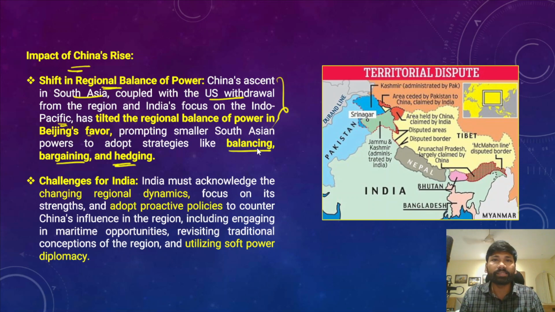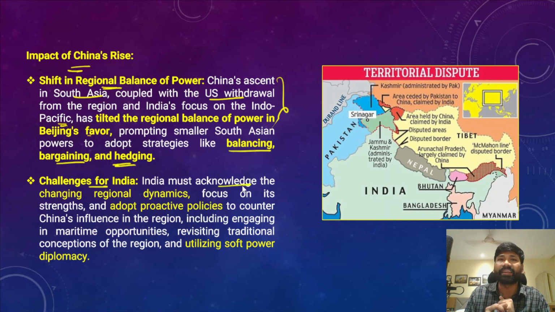However, the growing Chinese presence certainly poses some challenges for India. So what are those challenges? One such challenge is the decline in India's regional leadership role and influence in the region. Therefore, India must acknowledge the changing regional dynamics.